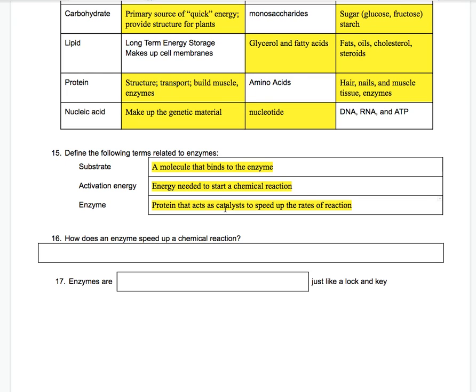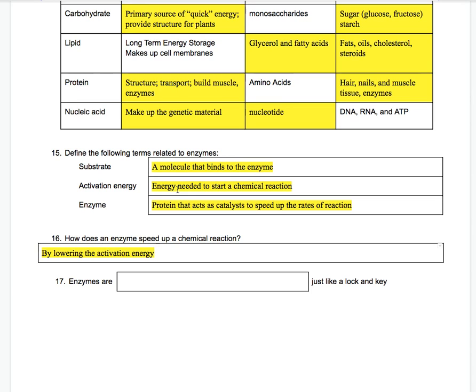How does an enzyme speed up that chemical reaction? Well, it does that by lowering the activation energy. So again, the activation energy is the energy needed to start a chemical reaction. Well, if the enzyme lowers that energy that's needed, then it doesn't take as much work to get the job done. So the cell can do it faster and faster because it doesn't need as much energy to do it.